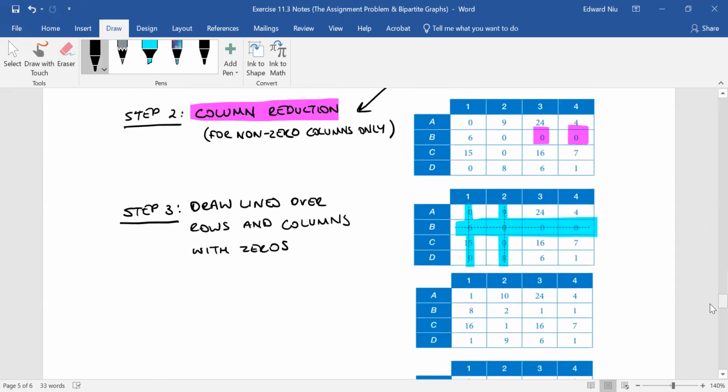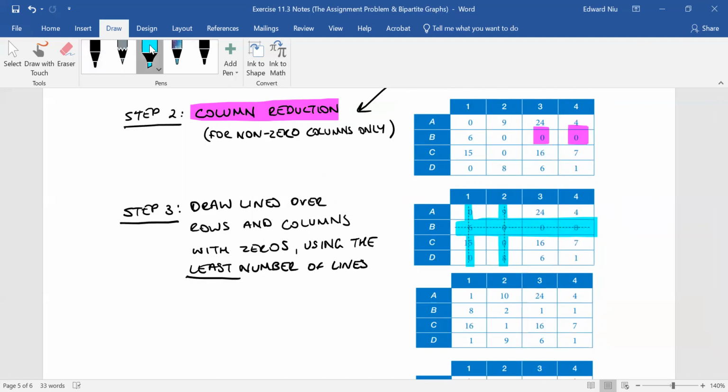So draw lines over rows and columns with zeros, using the least. The reason being is if we were to draw lines over every single 0, then we'd have lines over everything, and that's not going to help us.